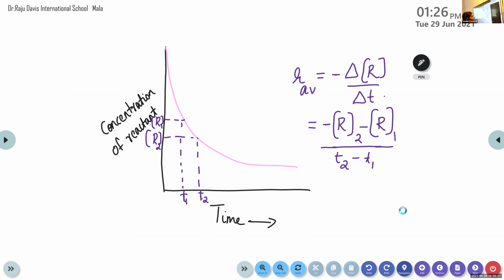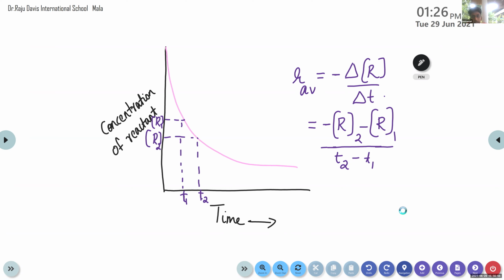Any doubt? Anyone? Ma'am, it should be plus delta R. Means minus delta R, isn't it? Punya, now I can hear you. Tell me. Then, Emmanuel, what's your doubt?